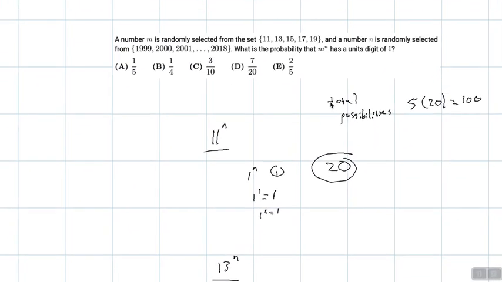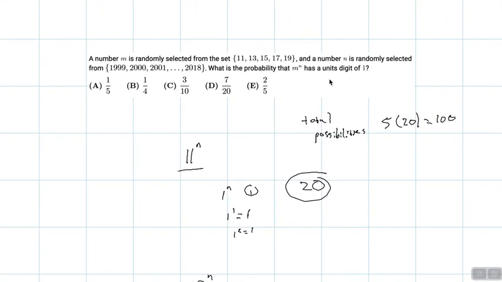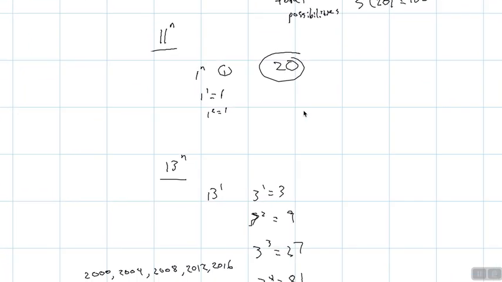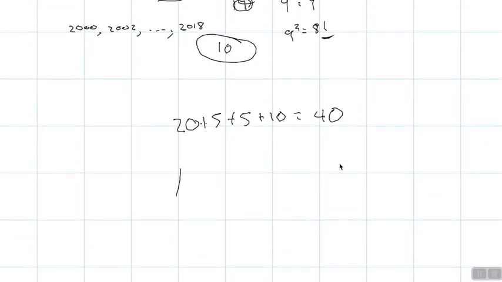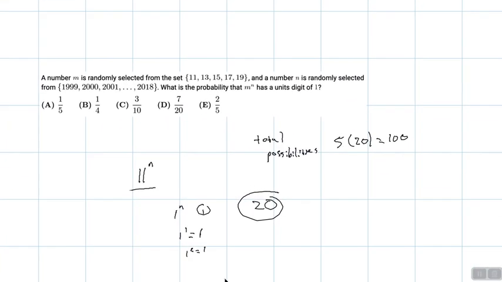And we said at the beginning, there are 100 total possibilities. So the probability that m to the n has a units digit of 1 is just the number of instances, which is 40, that we just found. The probability is 40 over 100. And simplifying that is 2/5. So the answer is choice E.